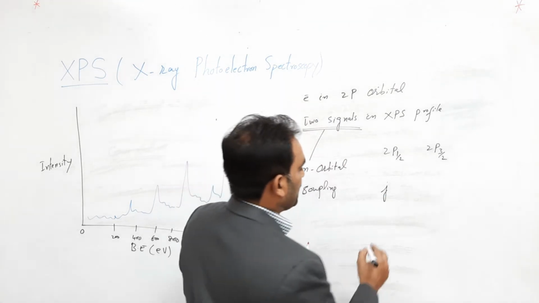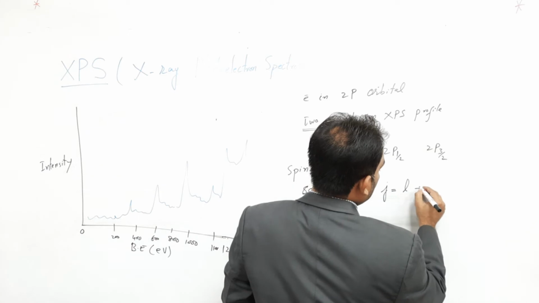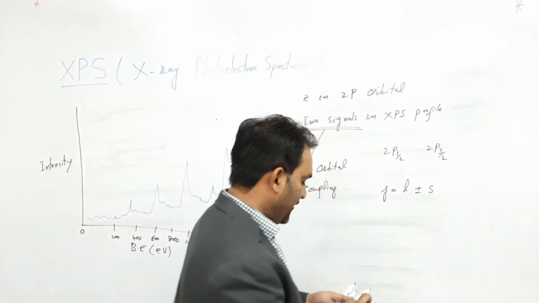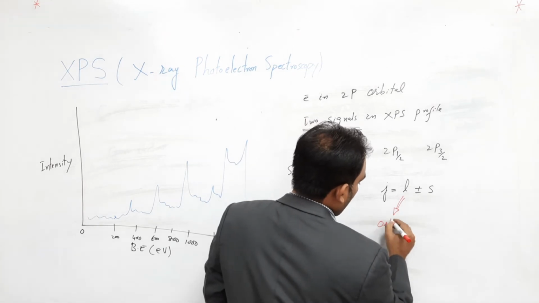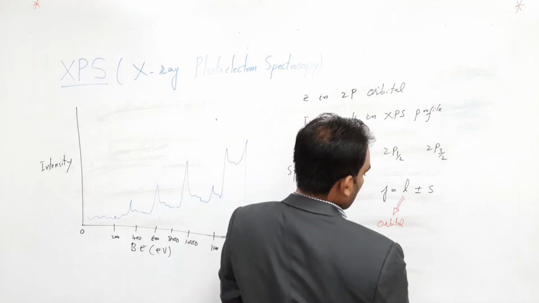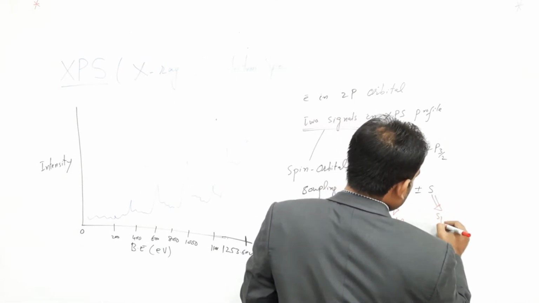J value is equal to L plus or minus S, and we know this L comes from the orbital quantum number and this S is your spin.